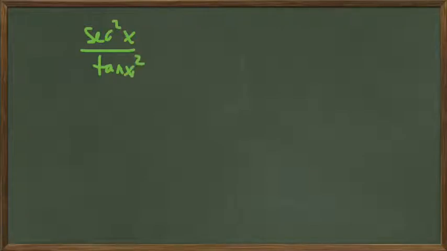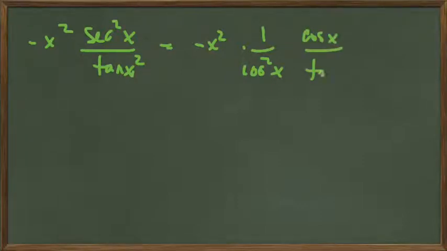Picking that up on the next blackboard, secant squared x over tangent x, and we had minus 1 over x squared on the bottom, which is the same as minus x squared on the top, minus x squared times 1 over cosine squared x, and dividing by tangent makes this cosine x over tangent x.